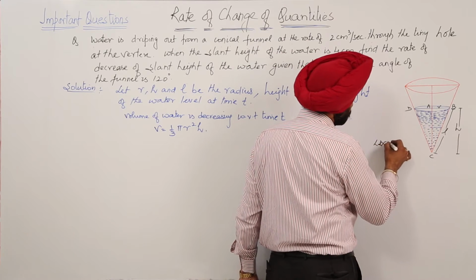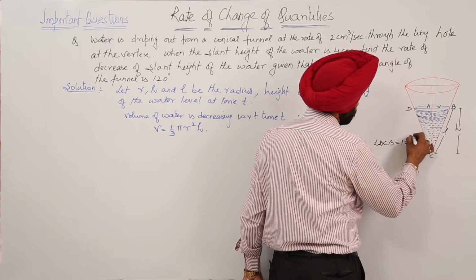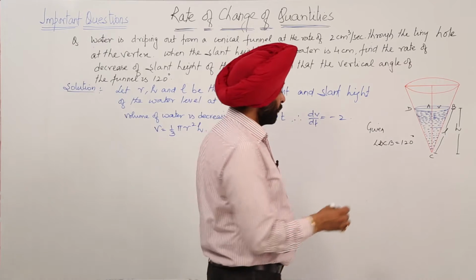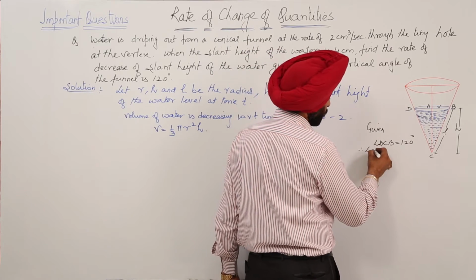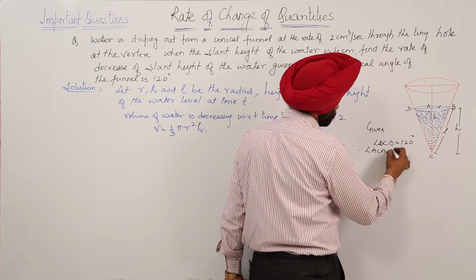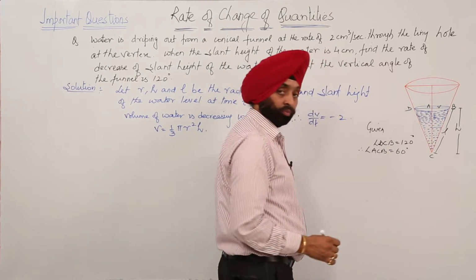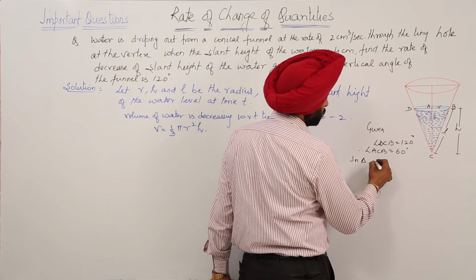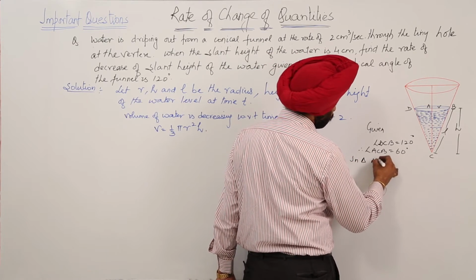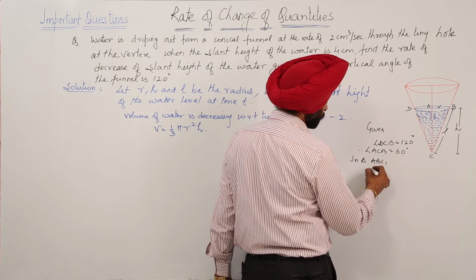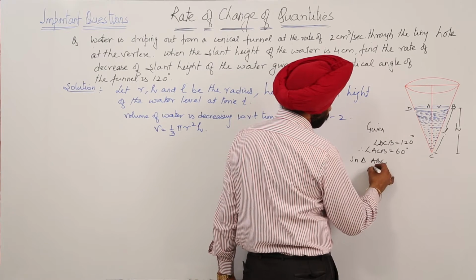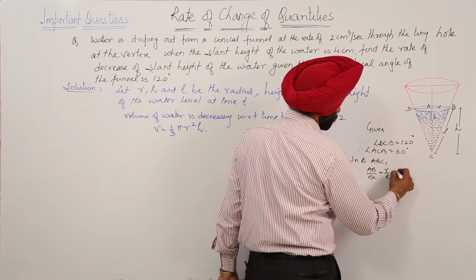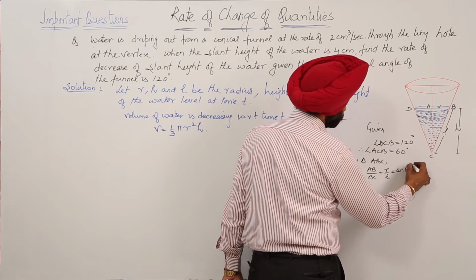Okay, now let's move here. Angle DCB is equal to 120 degree. This is given to us. Okay, therefore angle ACB is equal to 60 degree. Now in triangle we are having A, B and C. AB upon BC is equal to R upon L is equal to sine 60 degree.